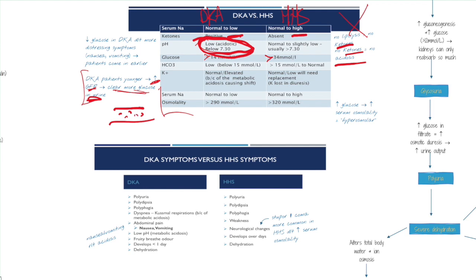The reason you're going to have very high osmolality in HHS, why it's called hyperosmolar hyperglycemic syndrome, is because of all that glucose. That glucose in the system that hasn't been diuresed out, you haven't come in to emerge yet because you feel kind of crappy, but you don't feel this bad.